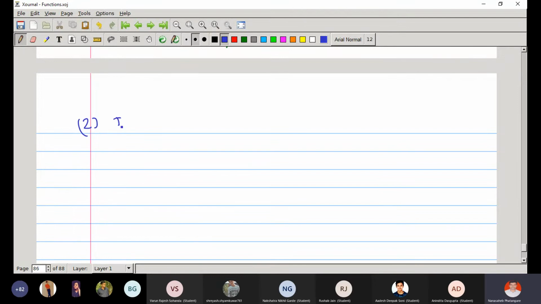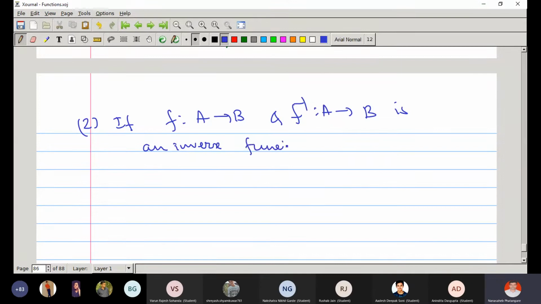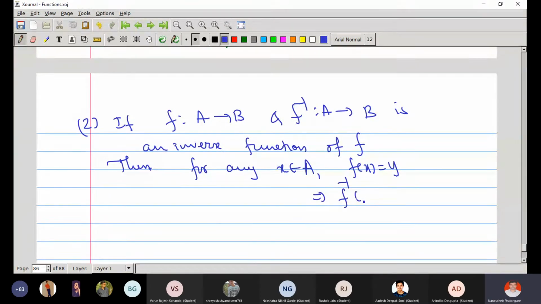So if f is from A to B and f inverse from B to A is an inverse function of f, then for any x in A, f of x is equal to y implies what is f inverse of y?